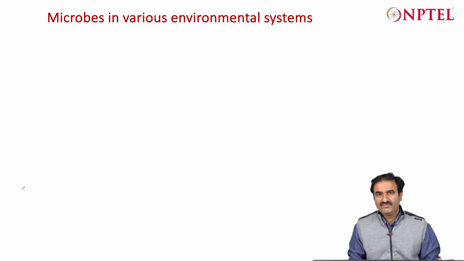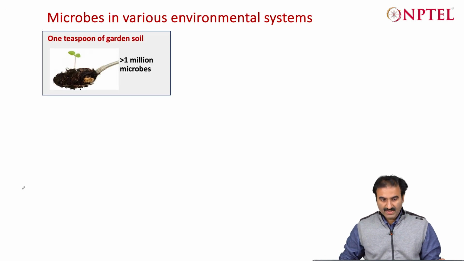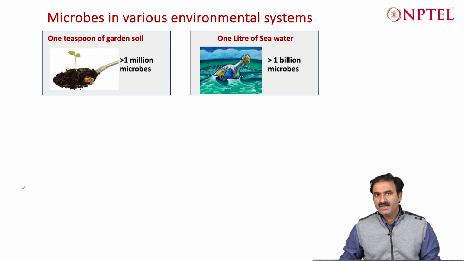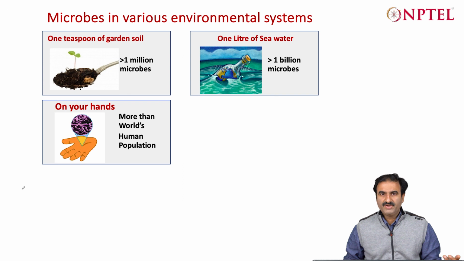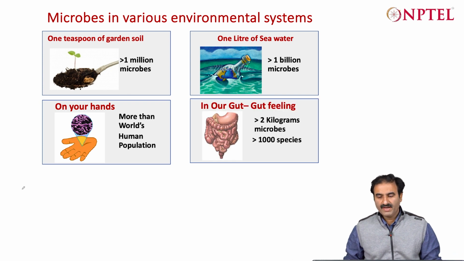And if you see different environments, just to give you an idea, there could be more than 1 million microbes in just one tablespoon of soil, maybe 1 billion in just 1 liter of water from an ocean. On your hands you might be carrying more microbes than the world's population. In your gut there could be more than 2 kilograms of bacteria, more than 1200 species.